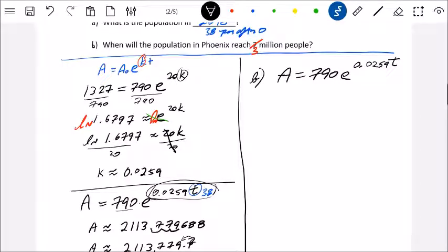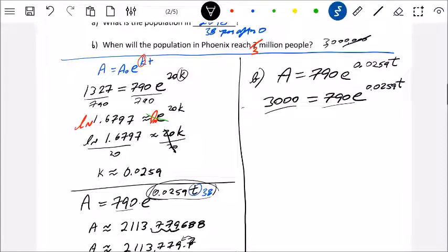So now what we're going to do is for 3 million people, 3 million is 3000 in our units. Let's see, do I have enough zeros? Now I have enough zeros. But we're not going to use those, so it's going to be 3,000 that we put here. 790 E to the 0.0259t. And so we'll divide by that 790.